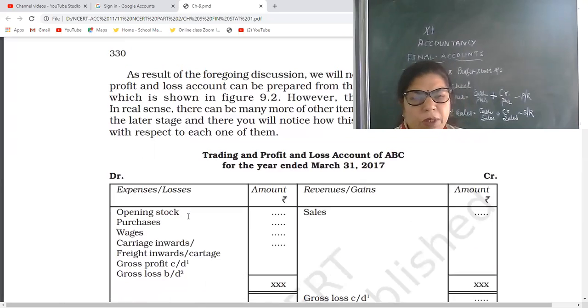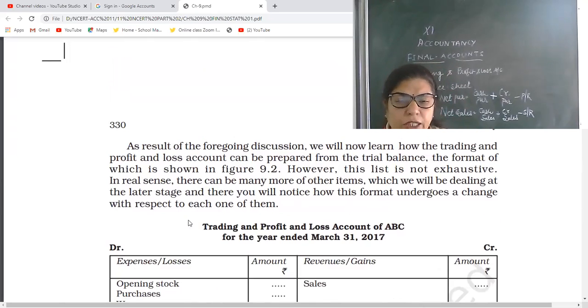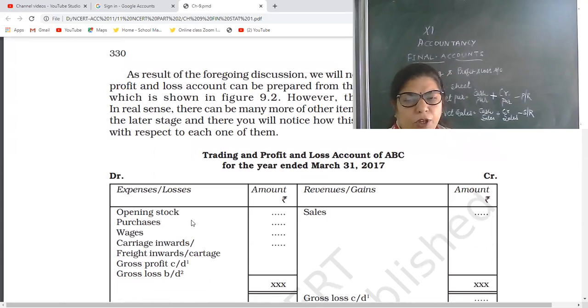Note down the format, my dear children. Trading and profit and loss account. See, the format is of account type but without a date column, because the date is not required, as the date is already given, that is 31st March, the closing date. This side all the items are fixed.